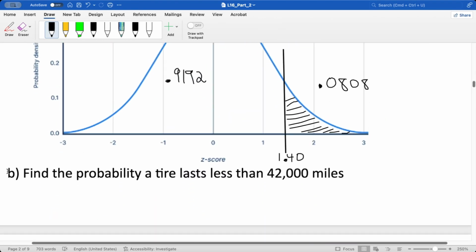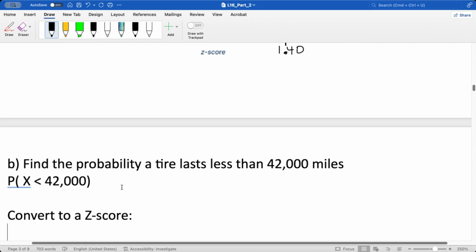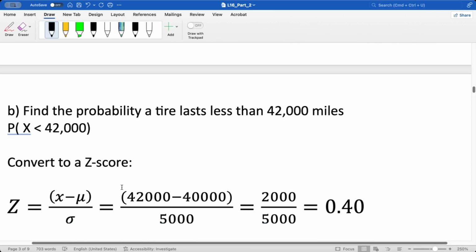All right, part B, find the probability a tire lasts less than 42,000 miles. So less than is going to be to the left, so we're not going to have to do the subtraction this time. We have to convert it to a z-score. So we're going to do x minus the mean over standard deviation again. X was 42,000 this time. Mean is still 40,000. Standard deviation 5,000. Simplify the numerator first.